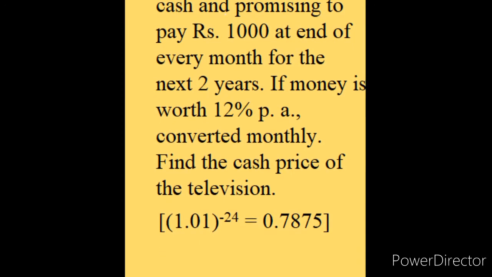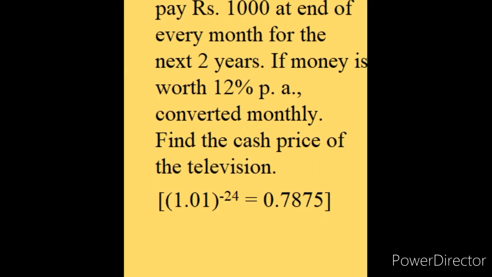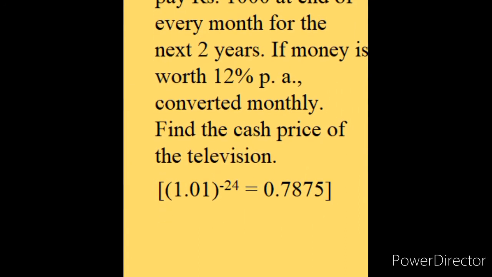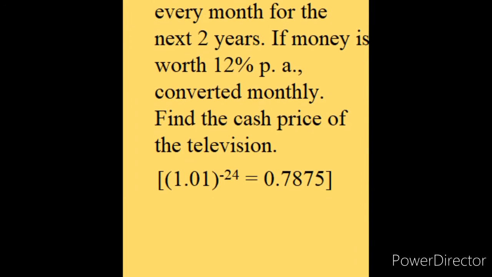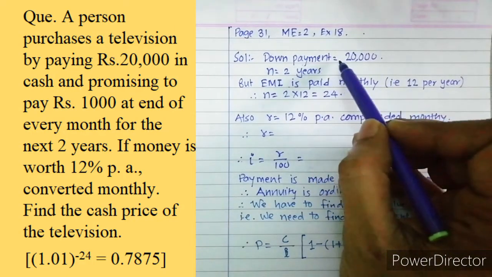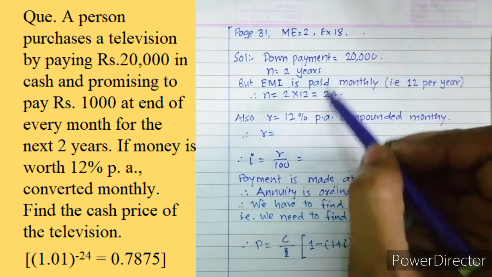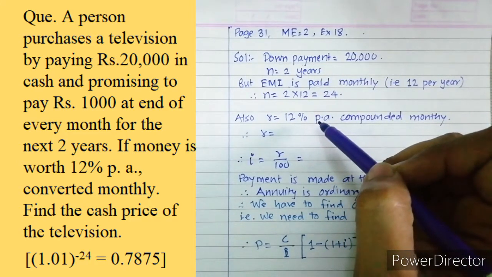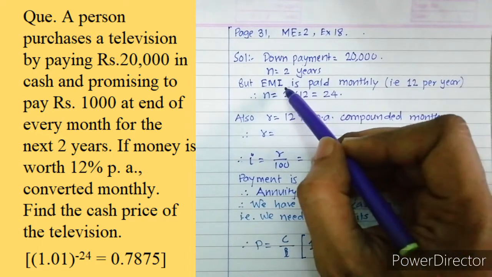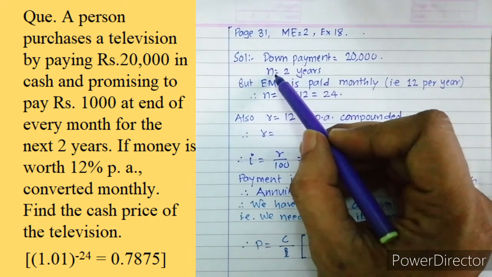Given that (1.01) raised to minus 24 is equal to 0.7875. See, the person made a first payment, that is a down payment of 20,000. So he made a payment of 20,000 and the remaining part of the payment he will make by EMI, that is monthly payments, for 2 years.